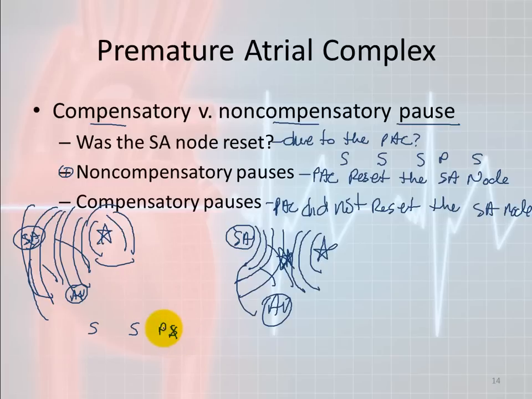So it doesn't occur here, but because this right here was the interval for these SA node depolarizations, this one here was supposed to be the next one, but it wasn't. It occurred here. So what happens is now your next SA node depolarization occurs here. Now what's interesting about this is if you march this out all the way through, what happens is the intervals up here don't match the intervals back here. And I'll explain that in the rhythm here in a little bit.